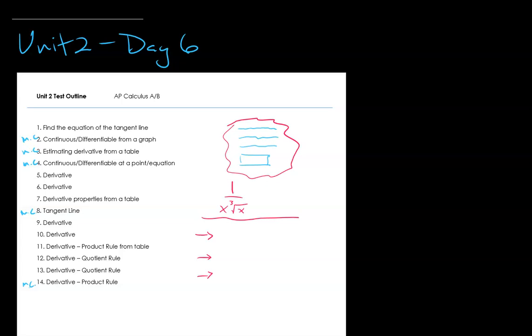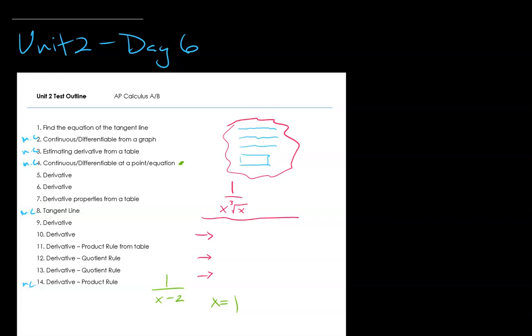Number 4. Yes. So, continuity and differentiability at a point in an equation. Let's just look at something straightforward and simple like this, which won't be the test question. I might ask you to discuss the continuity and differentiability at x equals 1.